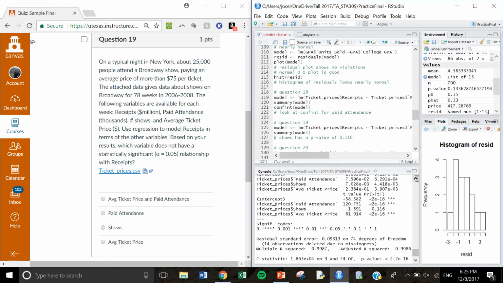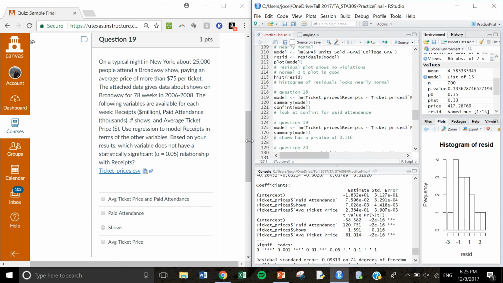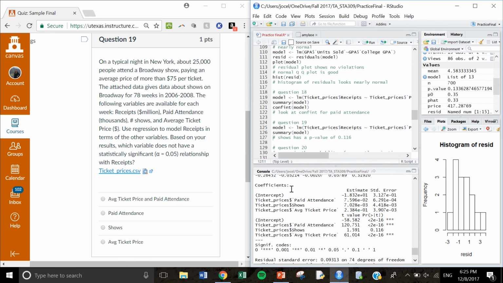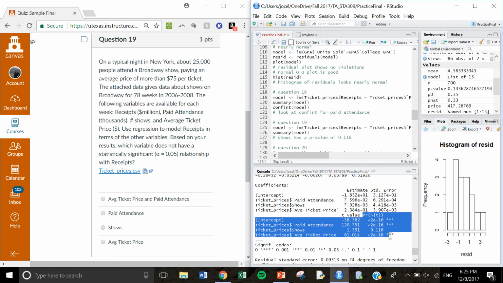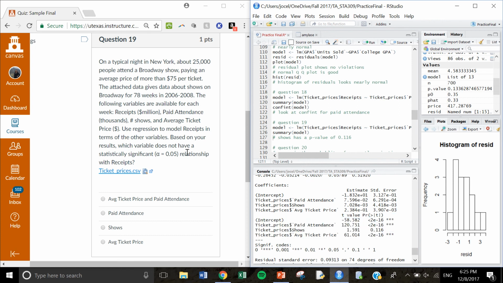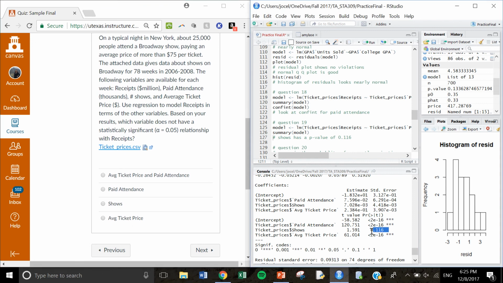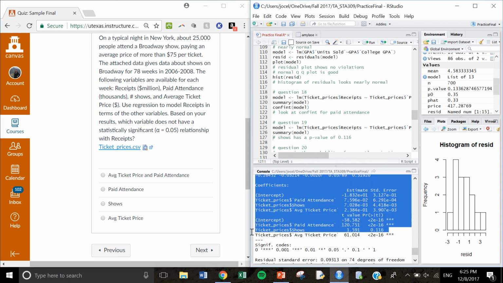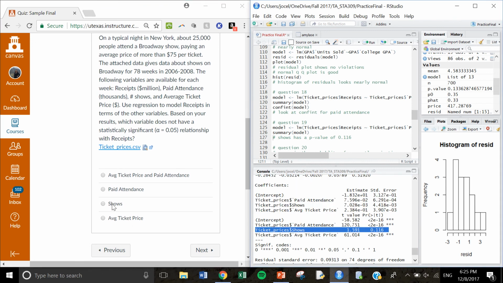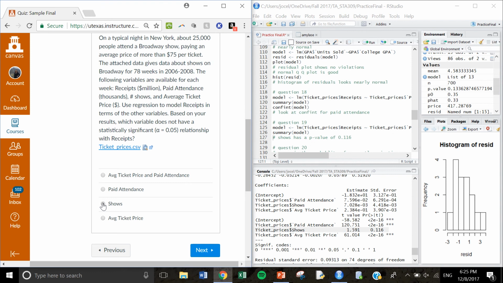And we're saying which coefficient is not statistically significant, which R gives us in this column, this probability. And which one is not less than 0.05 is this one, 0.116. So shows does not have a statistically significant relationship with receipts.